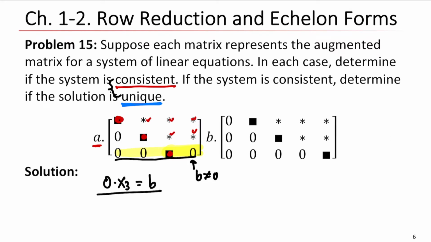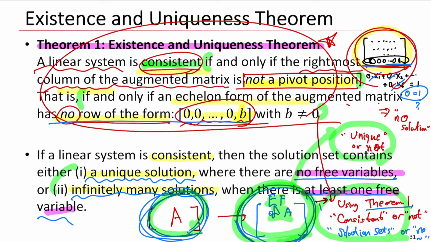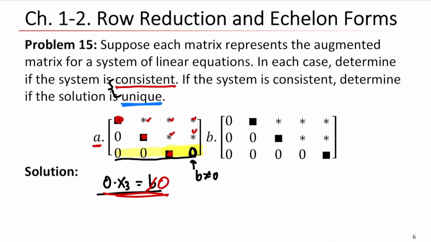In this case, there is no solution, so this is an inconsistent system. But in this case, this is 0, so there is no row like this one. So we can say that this system is consistent.